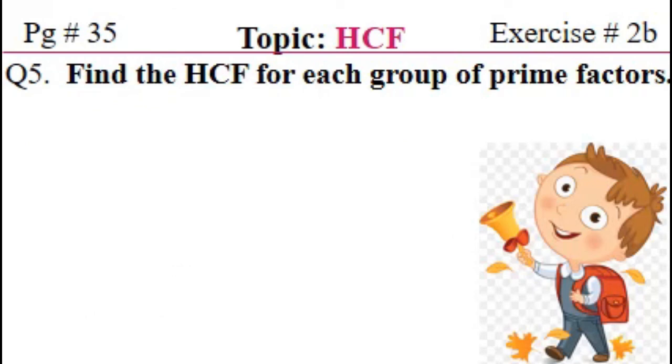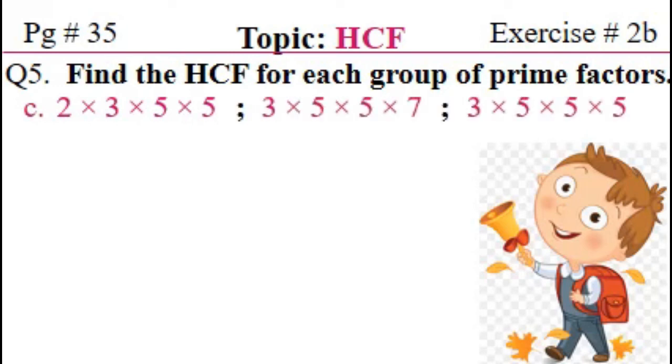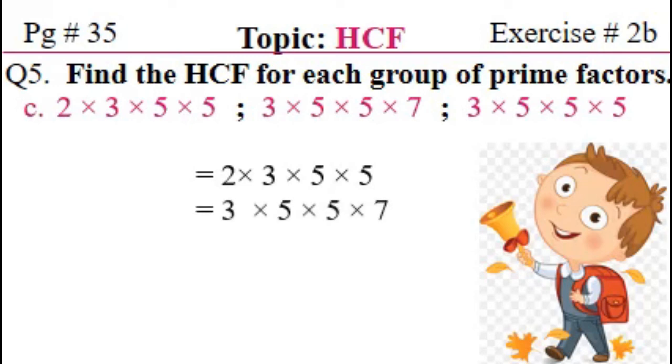Students, we have already solved part A. Now let's solve part C. Again, we are given the prime factors and we can simply find out the common prime factors by writing the prime factors of the first unknown number, then the prime factors of the second unknown number, and the prime factors of the third unknown number.